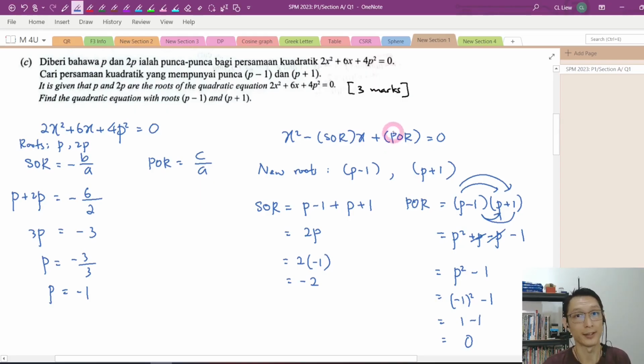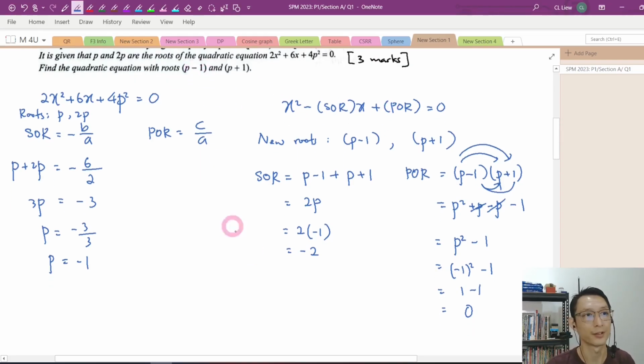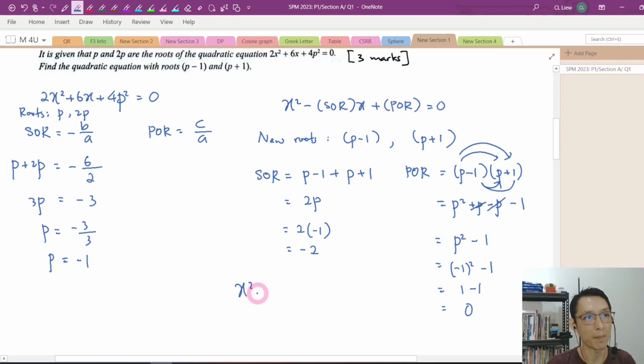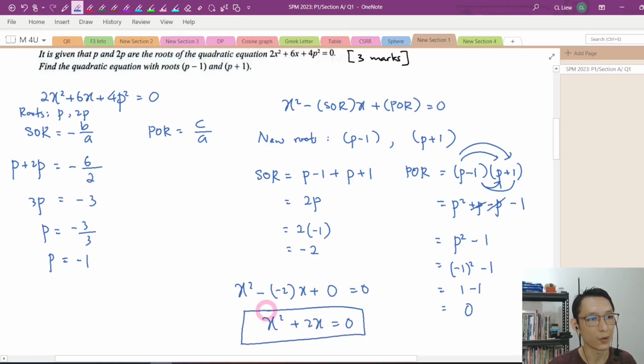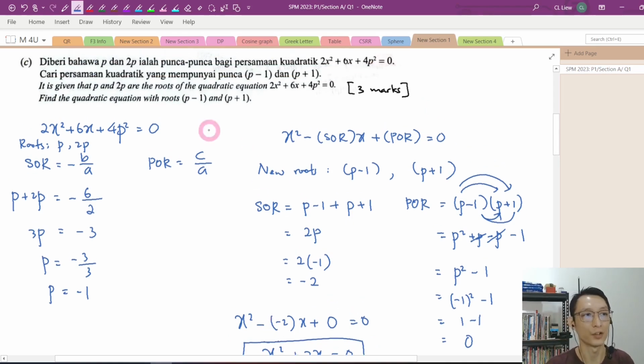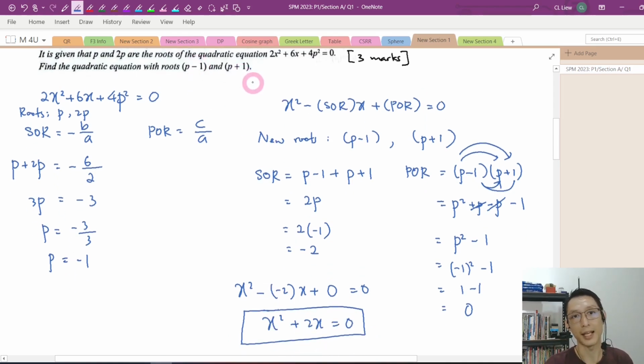Then we'll be able to get the quadratic equation with the new roots. x squared minus sum of roots x plus product of roots 0 is equal to 0. Okay, x squared plus 2x is equal to 0. This is our equation with the new roots of p minus 1 and p plus 1.